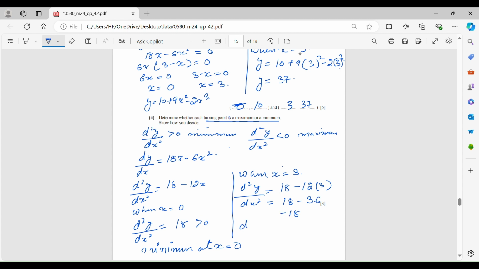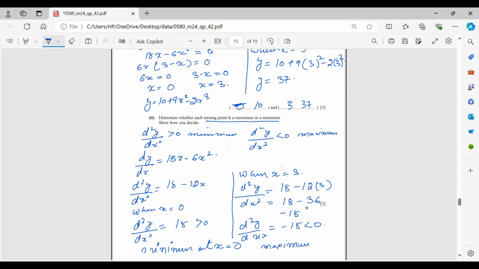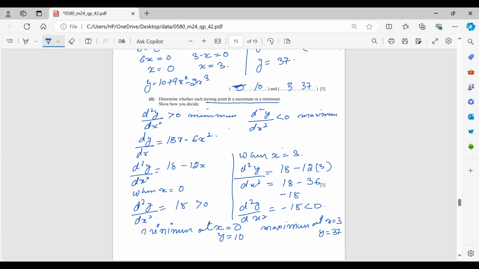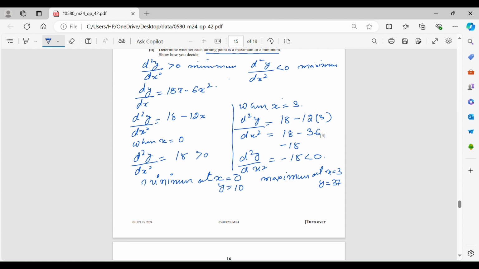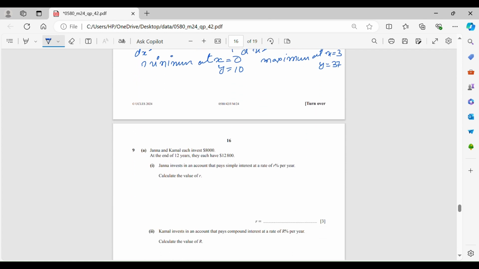So d square y by dx square is equal to minus 18, which is less than 0. So it's a maximum at x equal to 3, and here y will be equal to 10 for the minimum, and here y will be equal to 37 for the maximum, right?